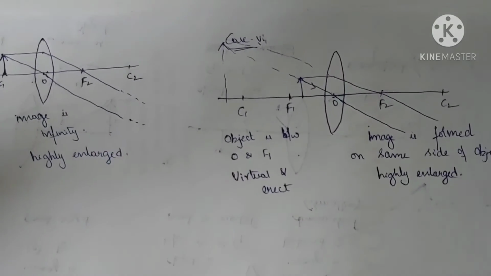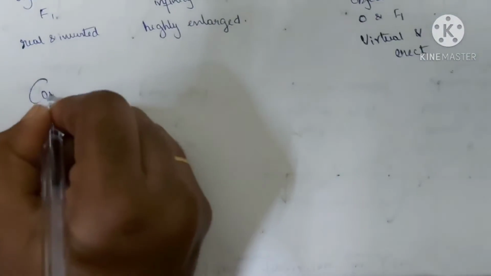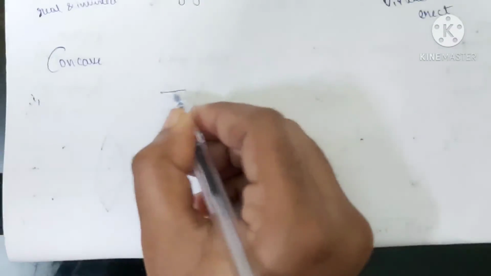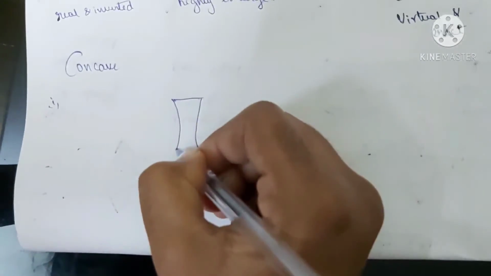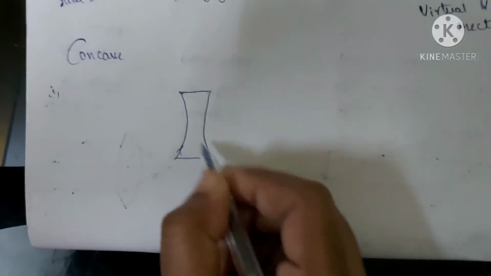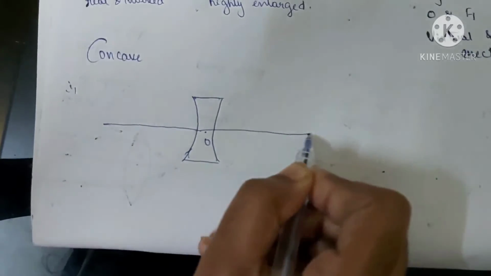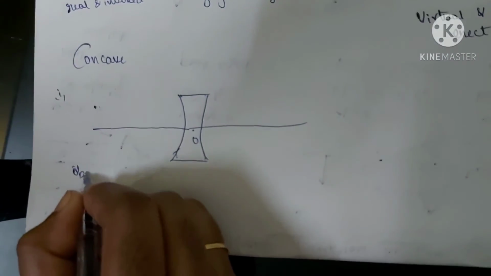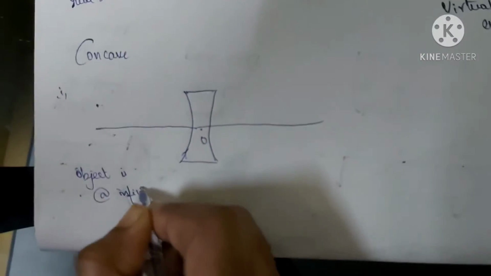Okay, now we'll see the next 2 cases, for the concave lens. For concave we have only 2 cases. Case 1: I'm placing my object at infinity. We already know concave is for divergence. Optical center, principal axis. The object is at infinity, so a parallel beam of rays will come from the object.